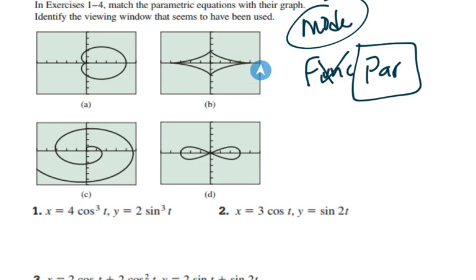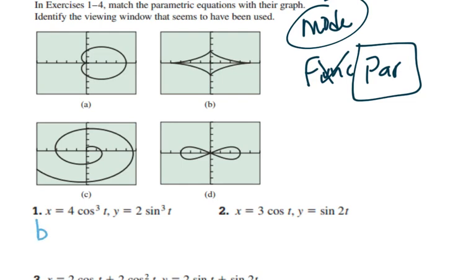If I zoom in a little bit, because mine's on 10 by 10 right now, it definitely would look like these would each be going by 5. So if you want to, you can go into the window and change your x min to -5, your x max to 5, your y minimum to -5, and your y maximum to 5, and you get the exact picture here.